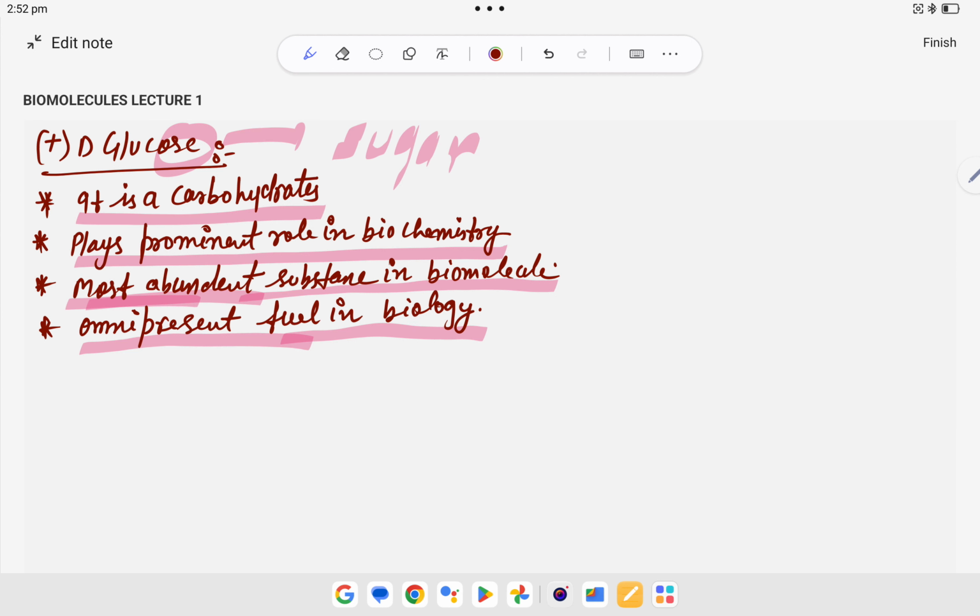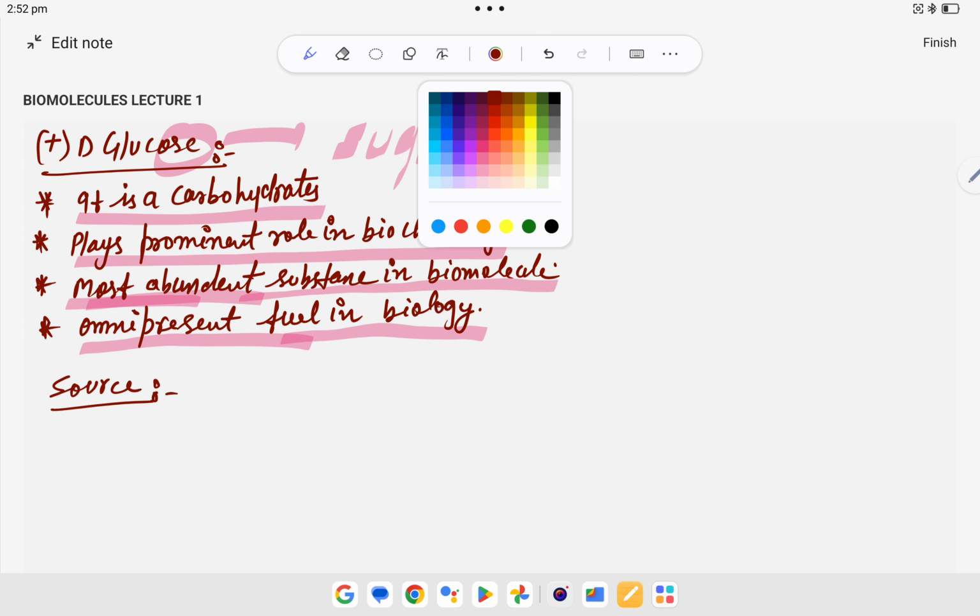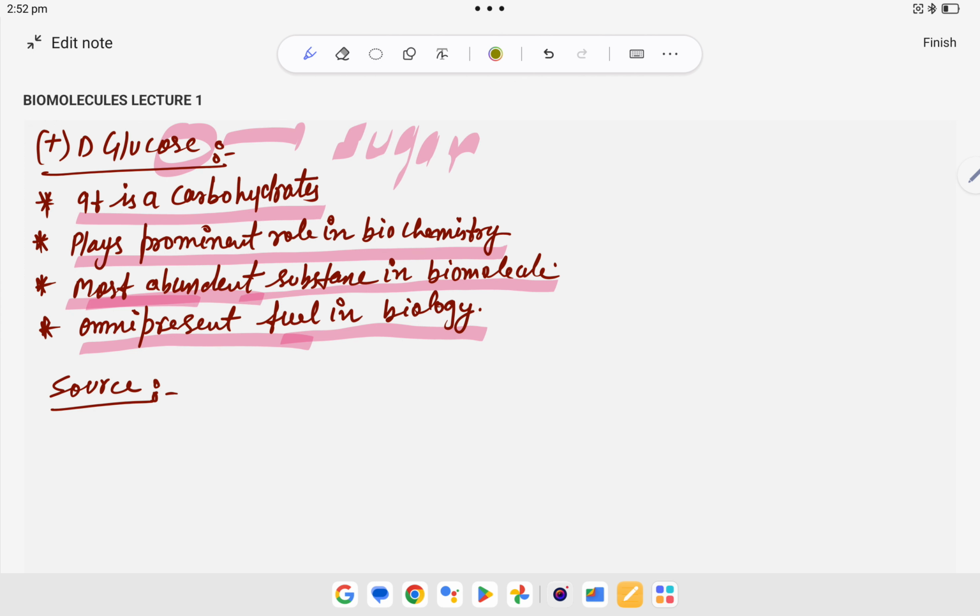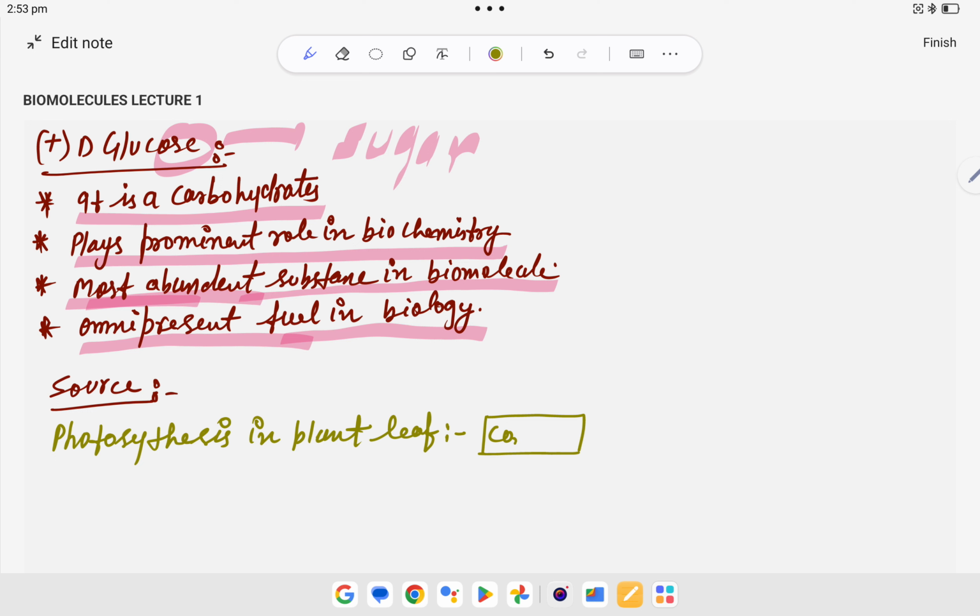What is the source of glucose, if we are talking about it? Basically, by photosynthesis in the plant leaf. In that case, CO2 plus H2O are present.